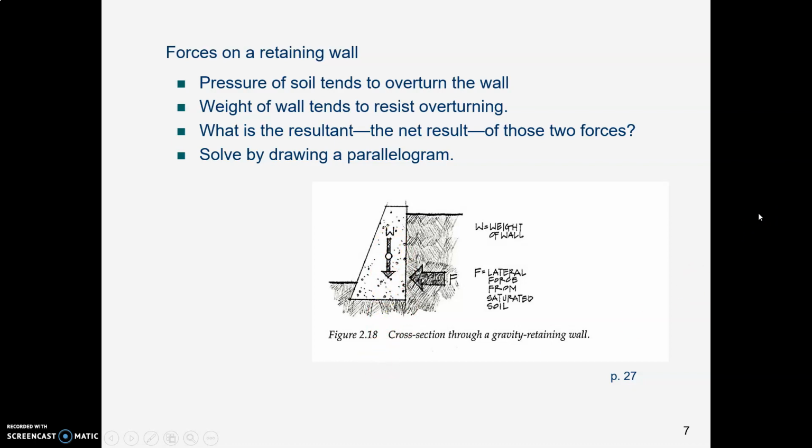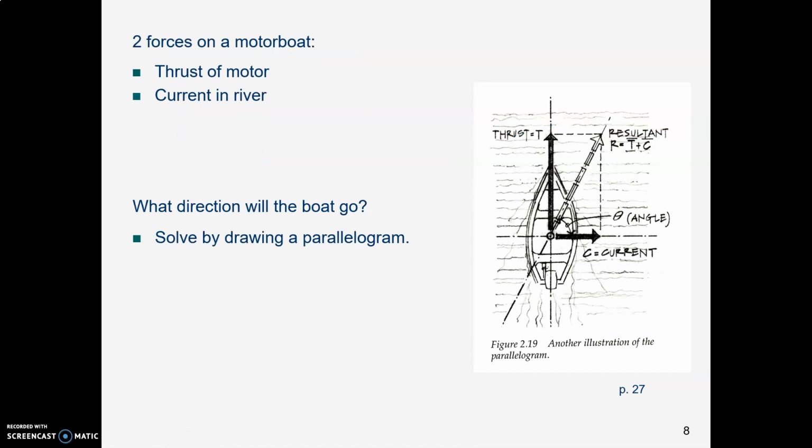What is the net result of those two forces? Well, we could find that by drawing a parallelogram around those two forces and figure out where the net result of those two things would land. And in this case, it's back about a third back from the toe, so this wall is going to be okay, as it happens.